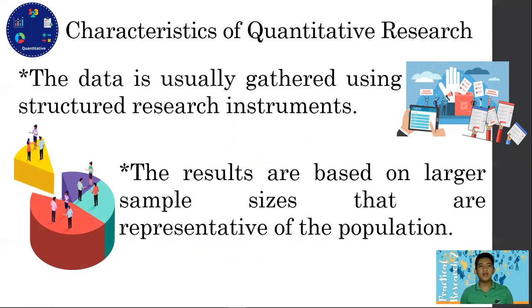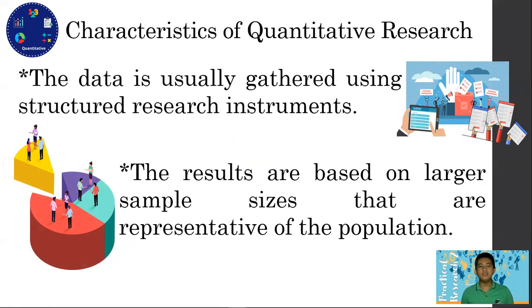The second characteristic of quantitative research is that the results are based on larger sample sizes that are representative of the population. We note that in using quantitative research, we need to represent the population of a certain community or a certain group of people or group of something that you are going to test.